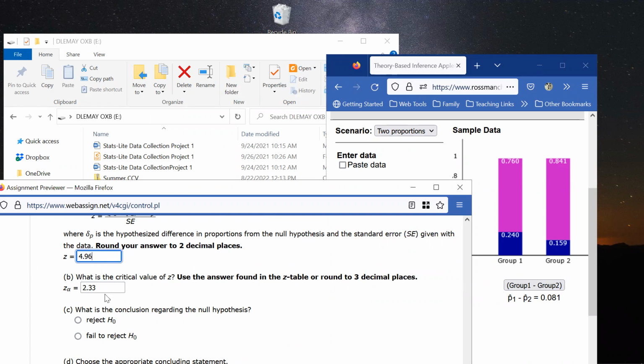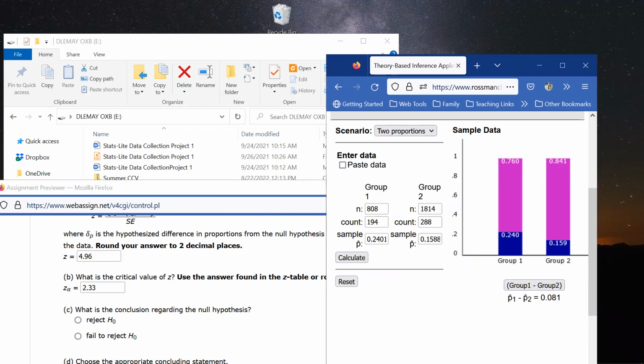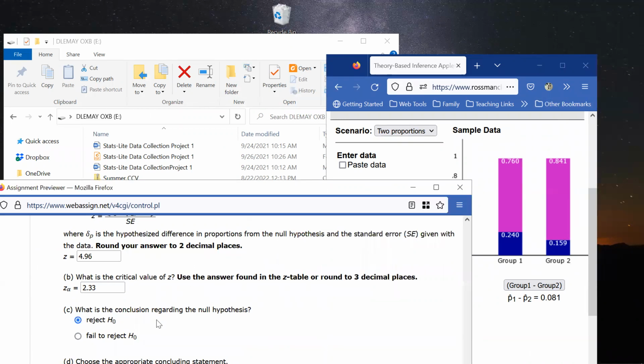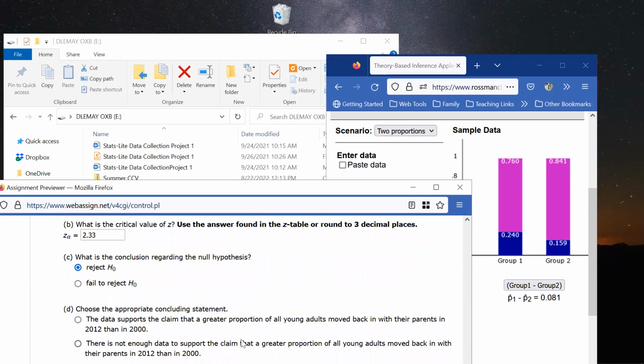We can also say this because the p-value is practically 0. We're going to reject H0. It looks like the data supports the claim that a greater proportion of all young adults move back home.